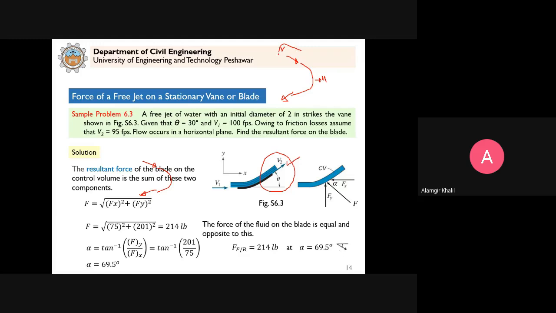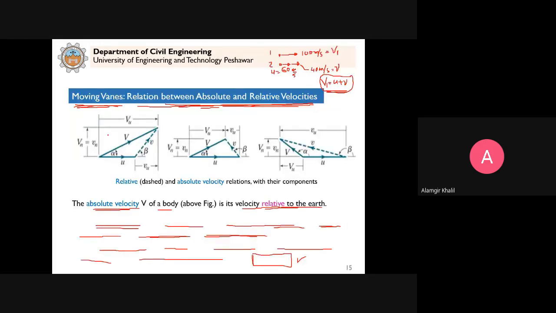The triangles which form here, and the triangle that forms here for a vane or blade in motion, so any of these cases can occur. This can be case 1, this can occur depending on the given situation, and similarly we can have this case 3.